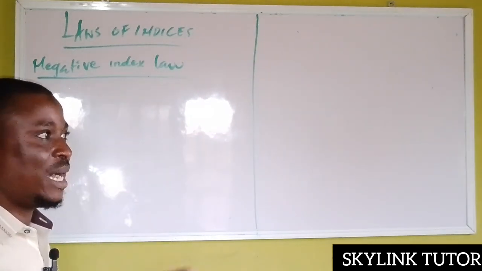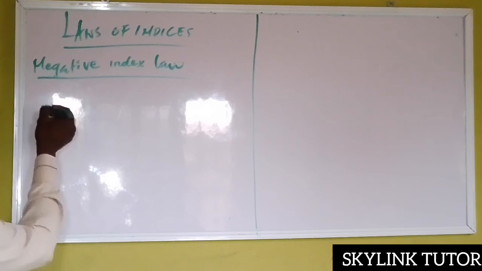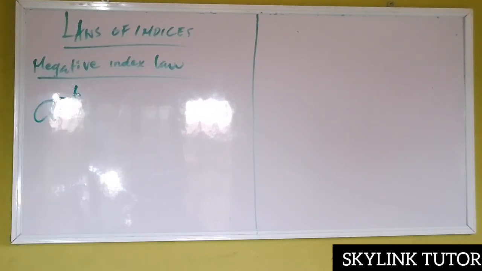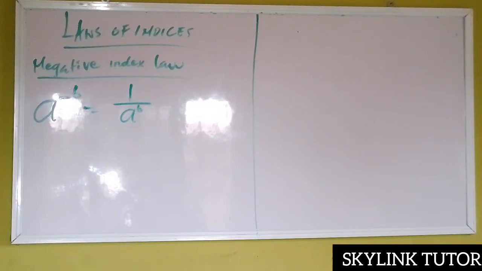This is what I mean. When you have a raised to power minus b, for example, this becomes 1 all over a raised to power b. So that is what we are talking about.